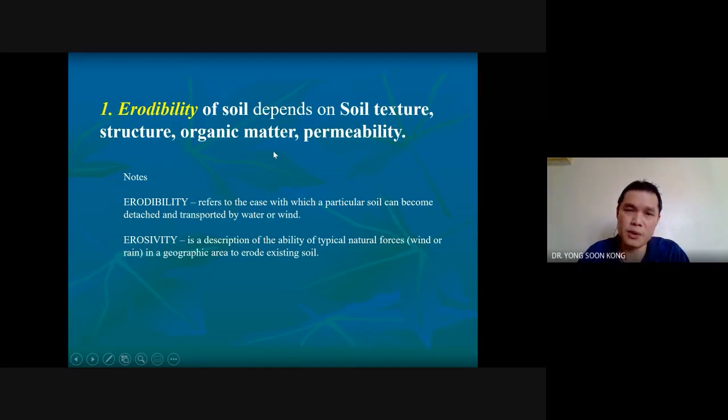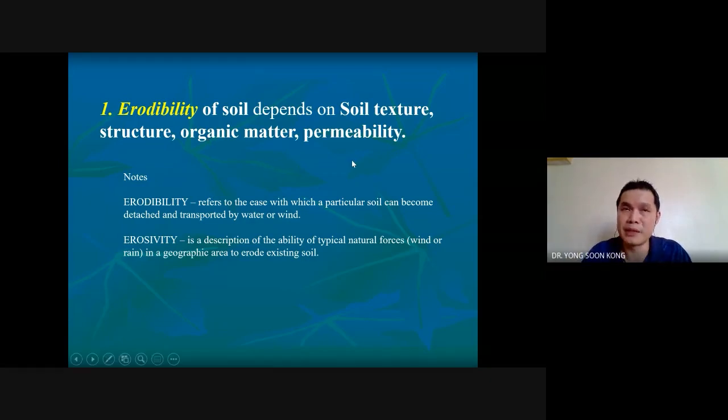And let's not forget organic matter. What is organic matter doing here? Previously, when we learned about soil organic matter, I told you that organic matter helps reduce erosion. I'll explain that later on.